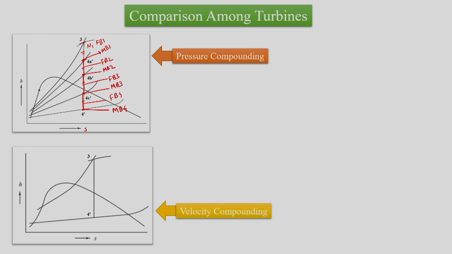So, the whole enthalpy drop is taking place in only one nozzle and all the stages are sitting at a point. If it is a 2 stage, then one point corresponds to all the 2 stages moving blades and corresponding stationary blades as well. If this is for 3 stage, then this point corresponds to all the 3 stage moving blades and also the stationary blades.